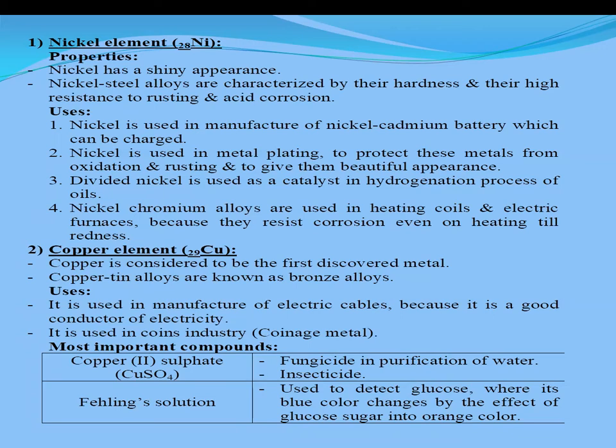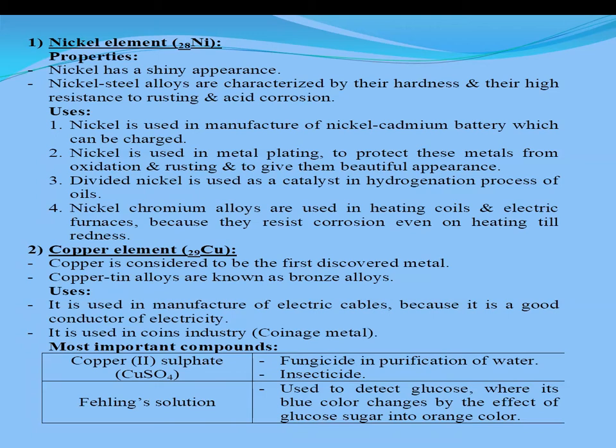Nickel is used in metal plating to protect these metals from oxidation and rusting, and to give them a pure appearance. Finely divided nickel is used as a catalyst in the hydrogenation process of oils. Nickel-chrome alloys are used in heating coils and electric furnaces because they resist corrosion even on high heating till redness.